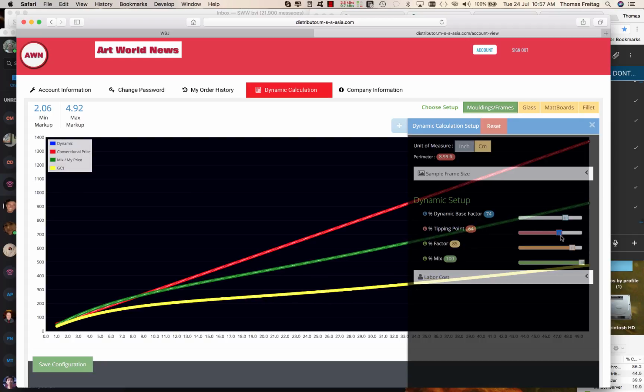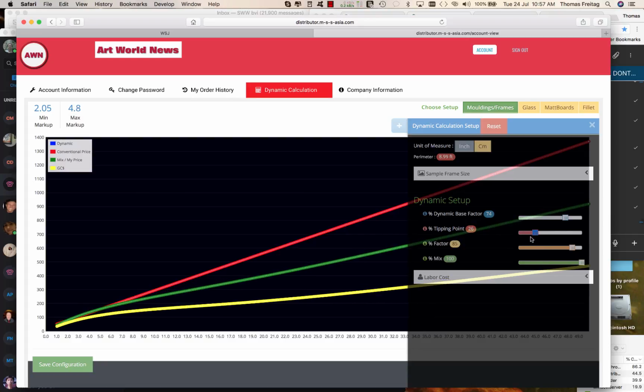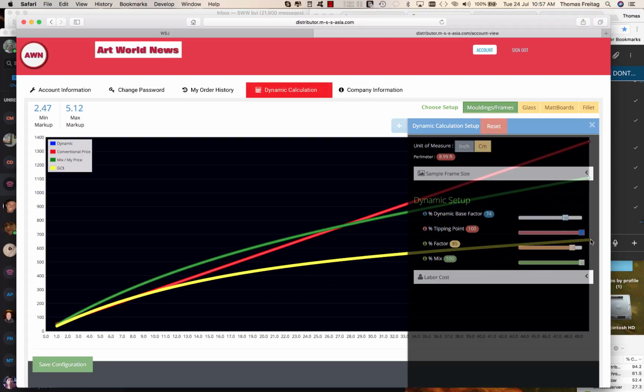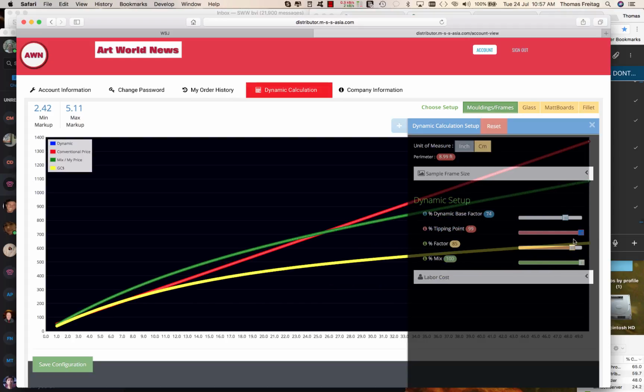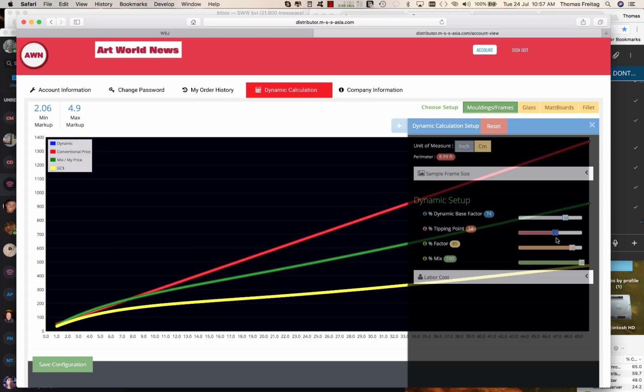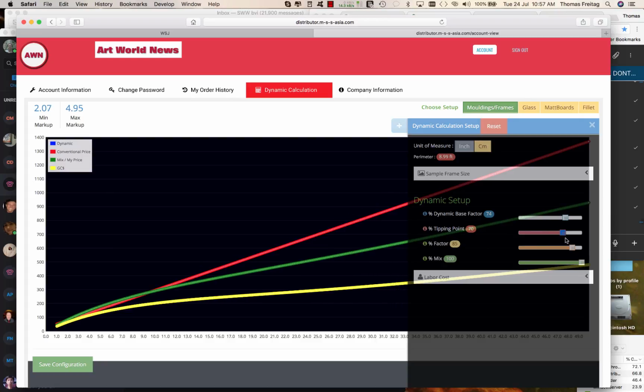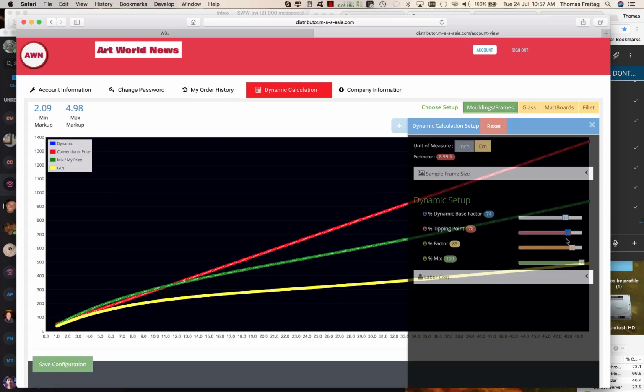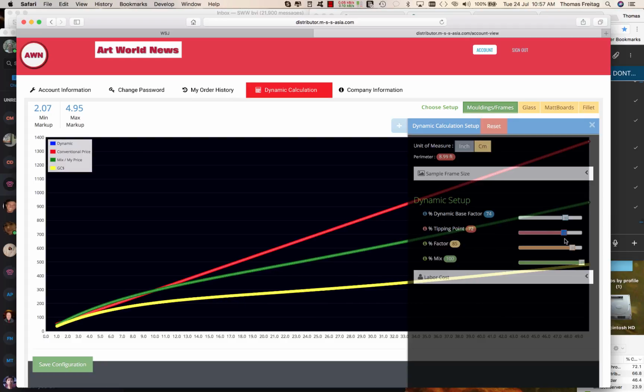You can move the tipping point from about $4 to over $30. As a suggestion, I would keep it in the range between $7 and $10, so at about $9 to $10.